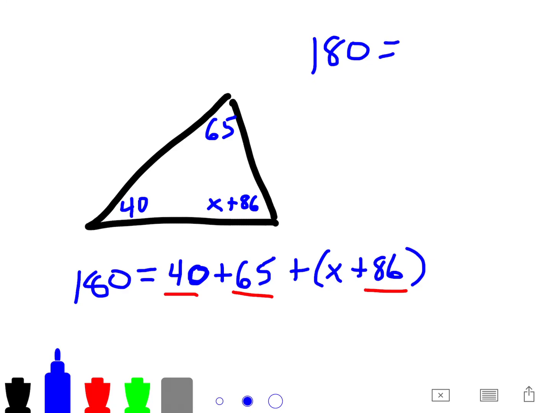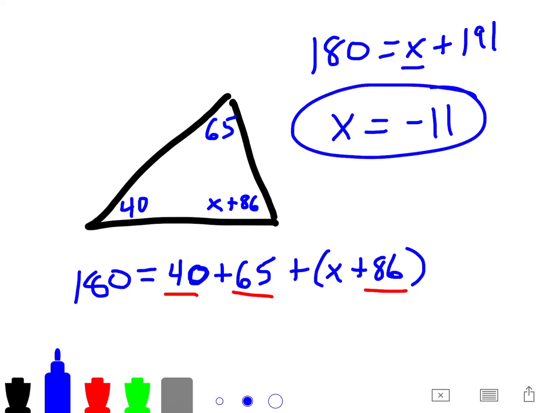So 180 equals x plus 191. We subtract 191 from both sides because we're isolating our variable, and we get x equals negative 11. Now, if the angle was negative 11, that would be trouble. We would say, now wait a minute, we can't have a negative angle. That doesn't work out.